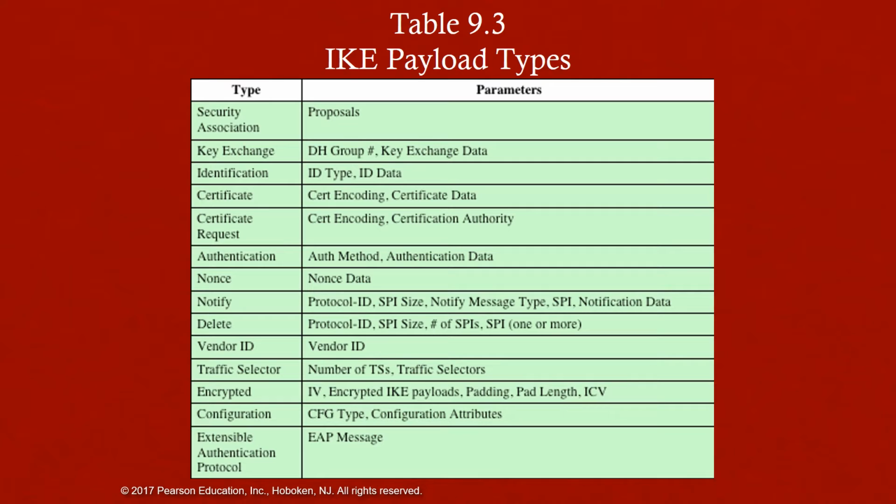The certificate payload transfers a public key certificate. The certificate encoding field indicates the type of certificate or certificate-related information, which may include the following. PKCS #7 wrapped X.509 certificate. PGP certificate.